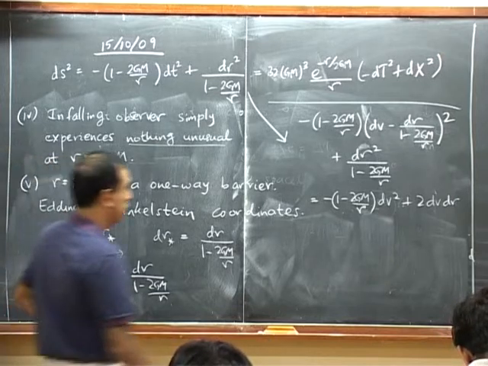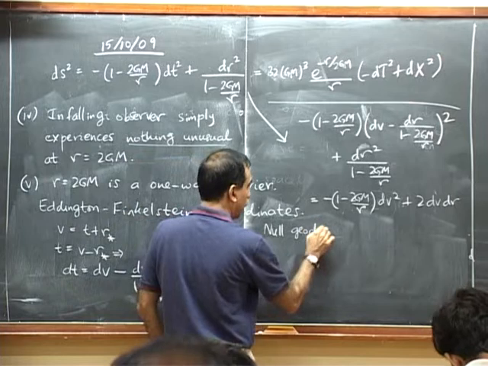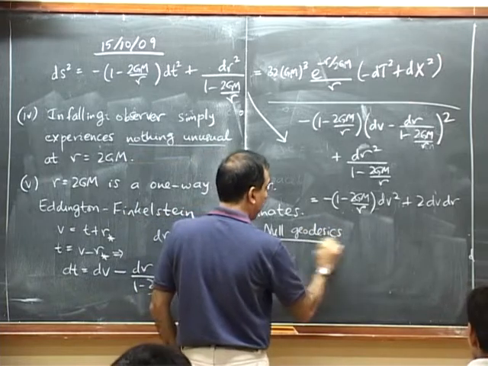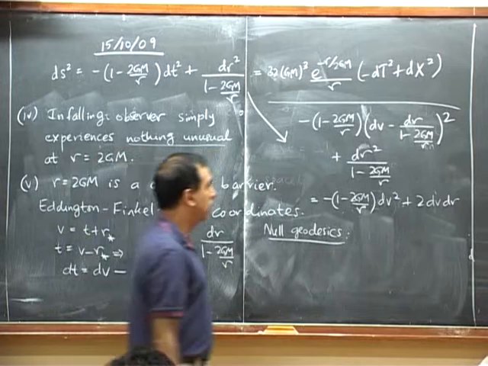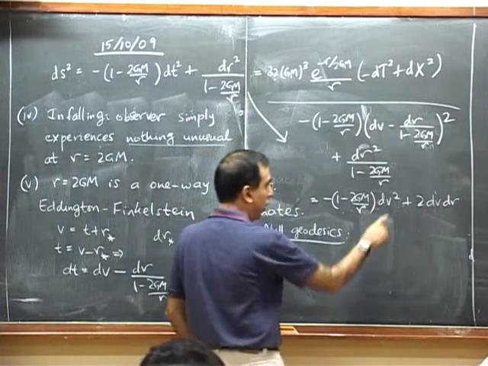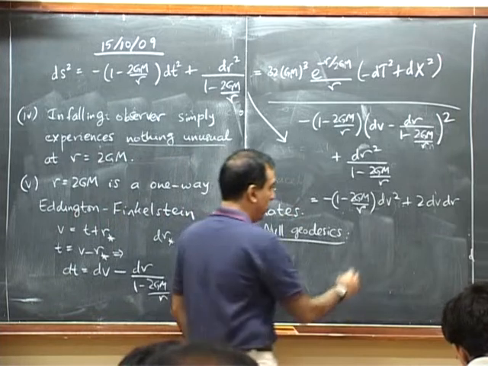Now let's look at the null geodesics. This is always fun. Now you know how to do this. Given a metric, you can just read off the null geodesic equation by copying down the coefficients and multiplying them by the dot with respect to proper time of the coordinate.